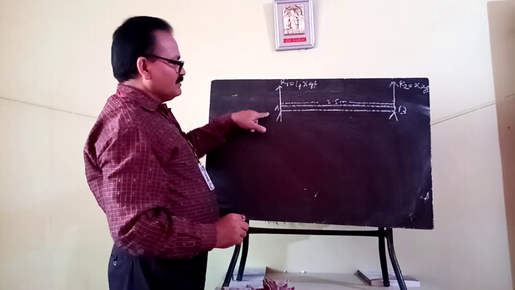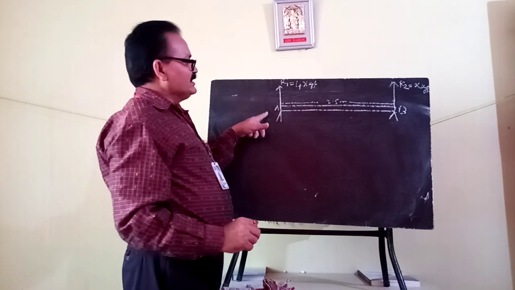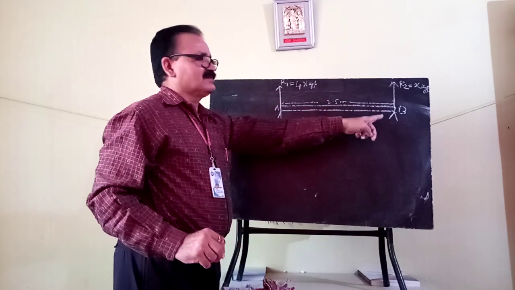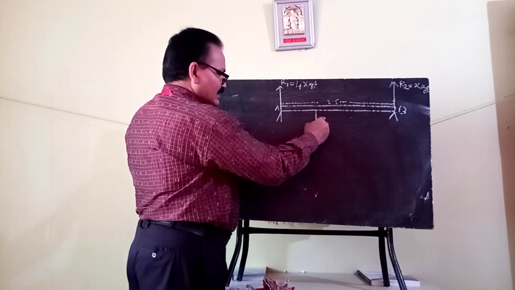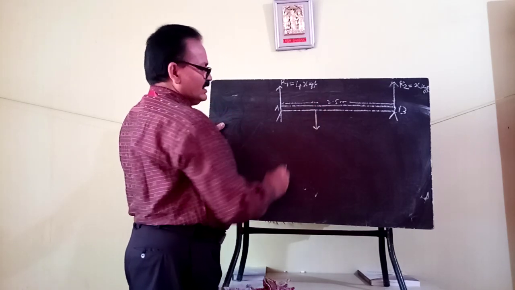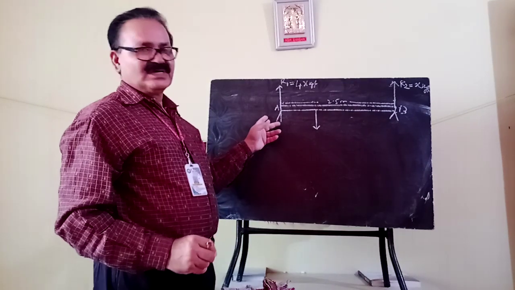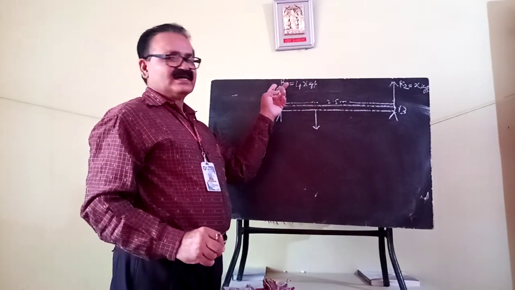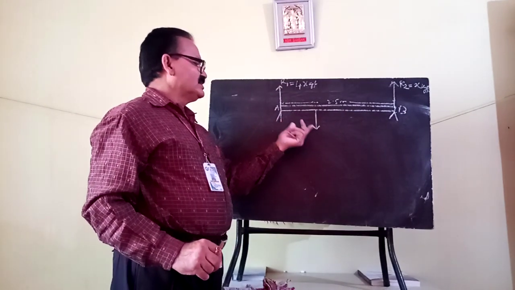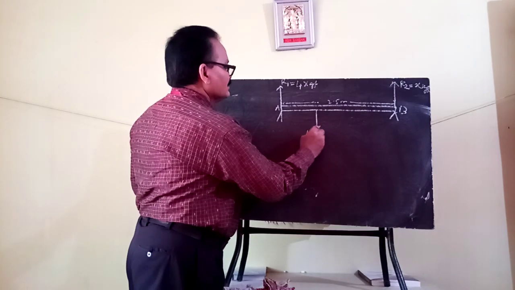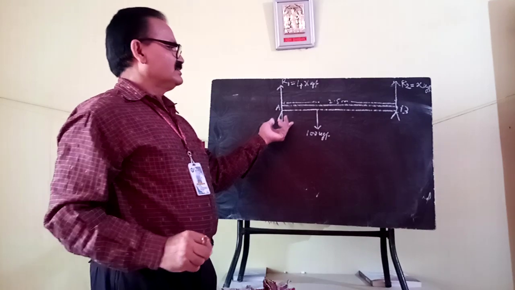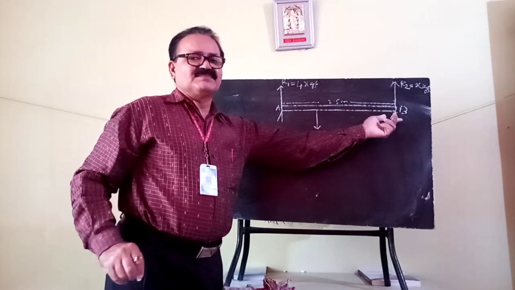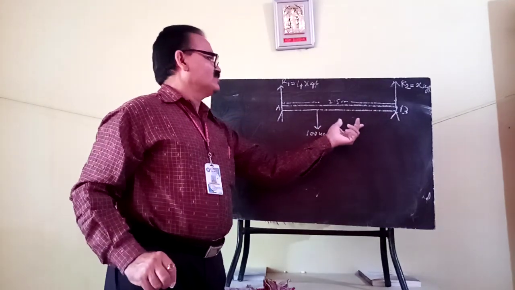Since person A applies greater force than B, the weight must hang nearer to A, because B is applying a lesser force in order to balance it.